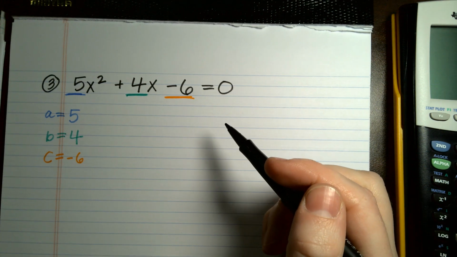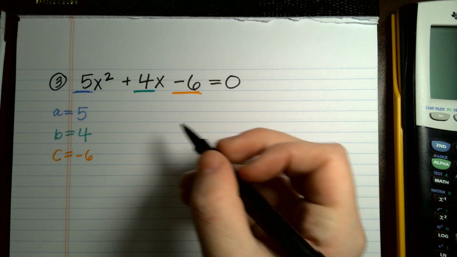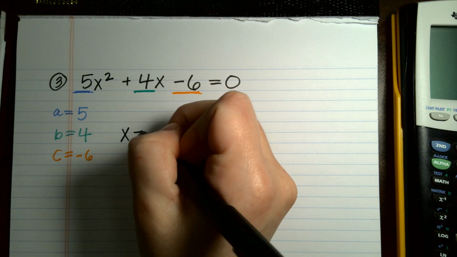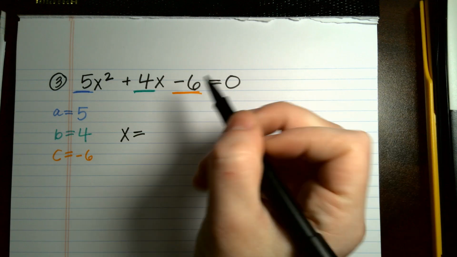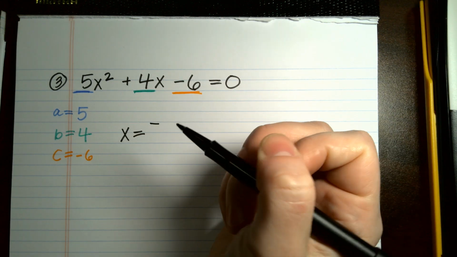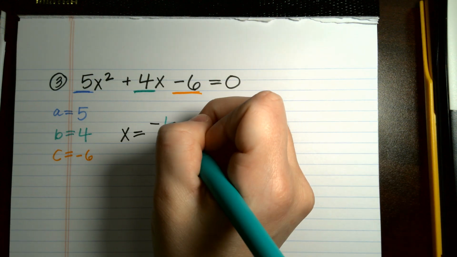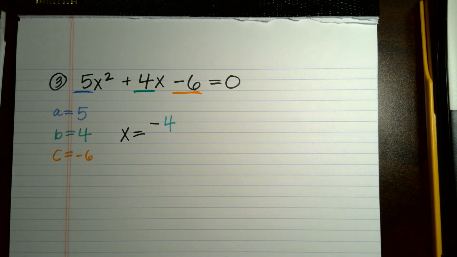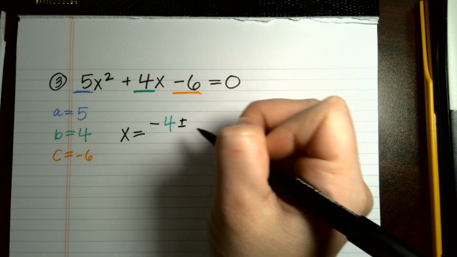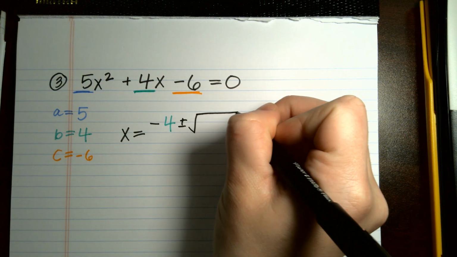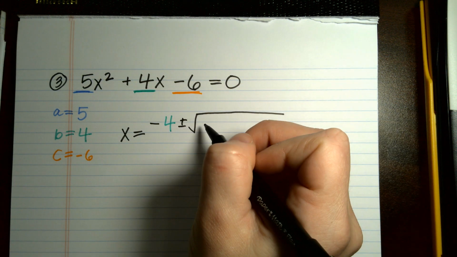What are we going to do with these? Good, plug them in. So I've got x equals what? So we've got x equals negative b. So x equals negative what? 4. Good. Plus or minus square root of what?